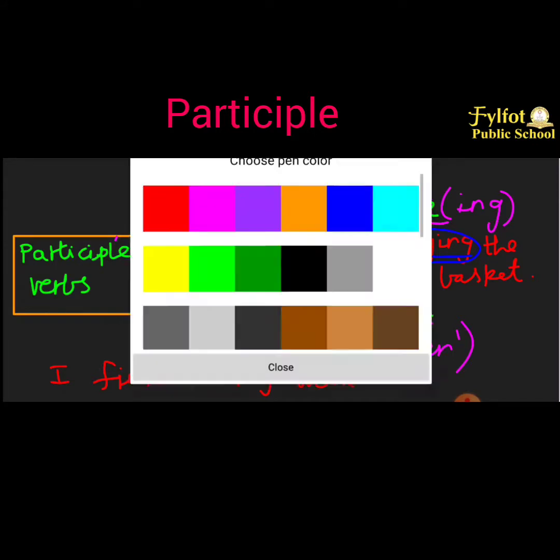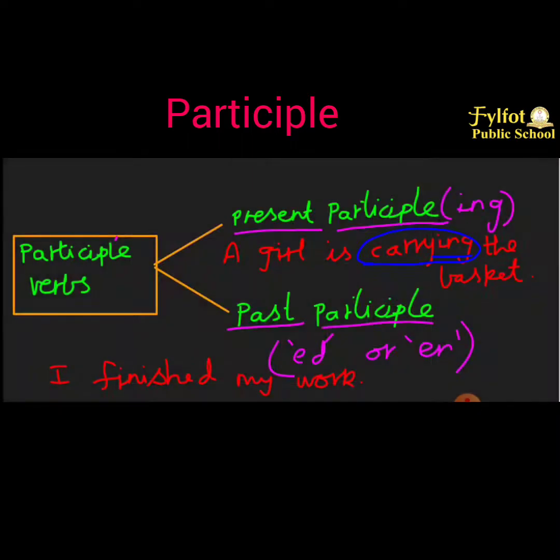So what is the difference? Here we are adding ed to the base form of the verb. So this is past participle. So understand there are two types: present participle and past participle. You add ing to the verb in present participle and you add ed or en to the past participle.